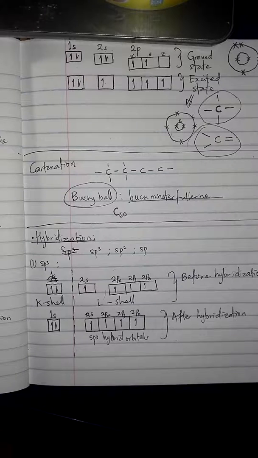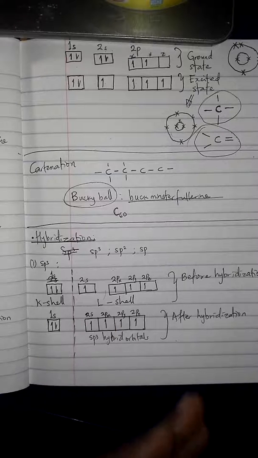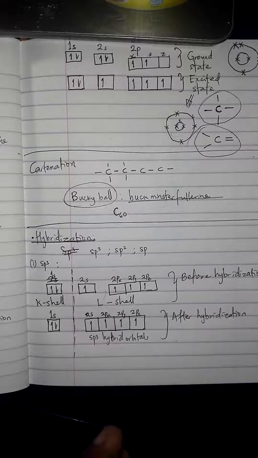Carbon to carbon, don't forget. So sp3 hybridization leads to the formation of carbon to carbon single bonds. That's why we say it leads to the formation of saturated compounds. The compounds are so called saturated because all the carbon to carbon bonds therein are single bonds. I hope you got that.